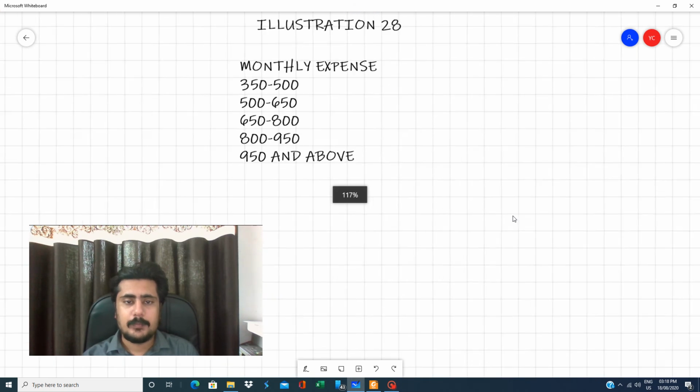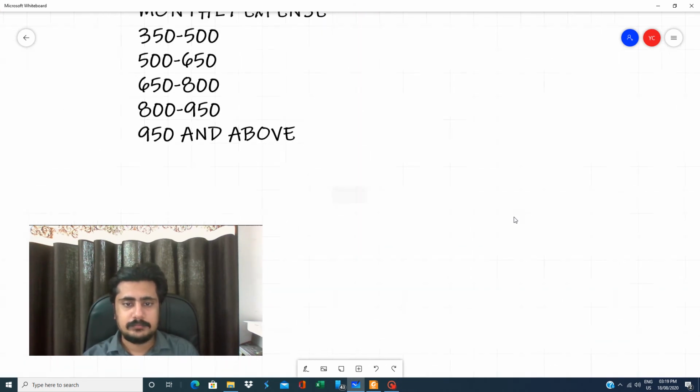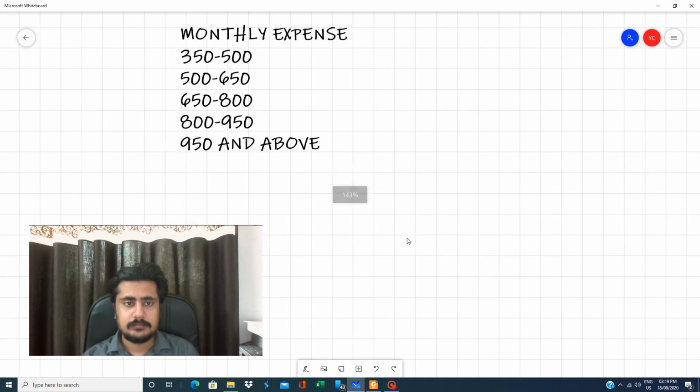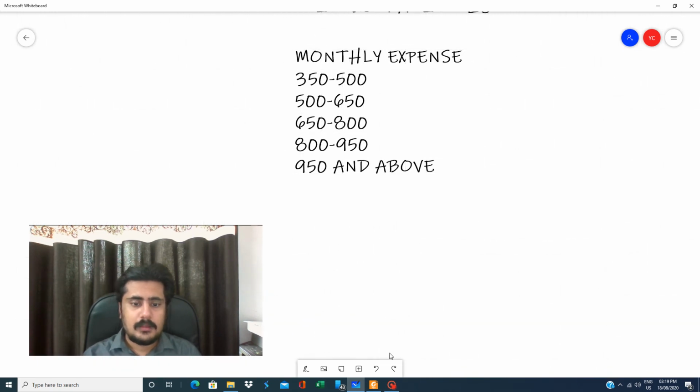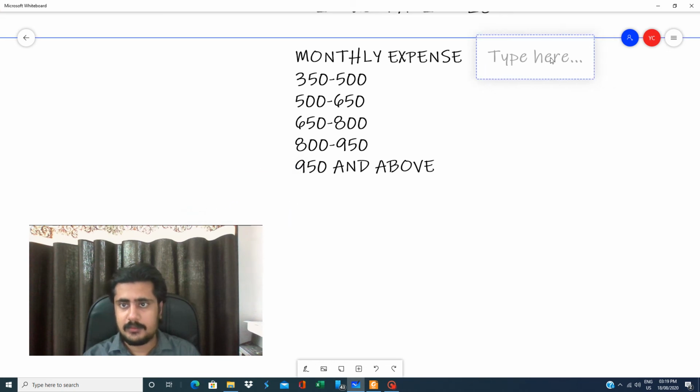With these monthly expenses, the number of commuters are given.